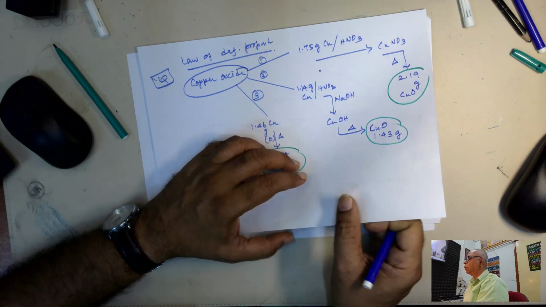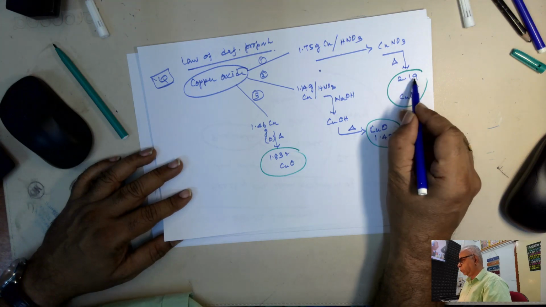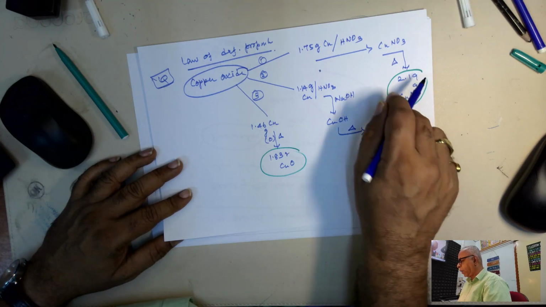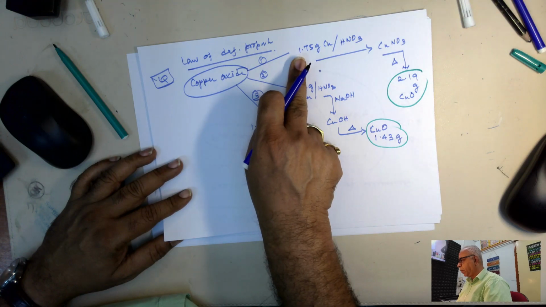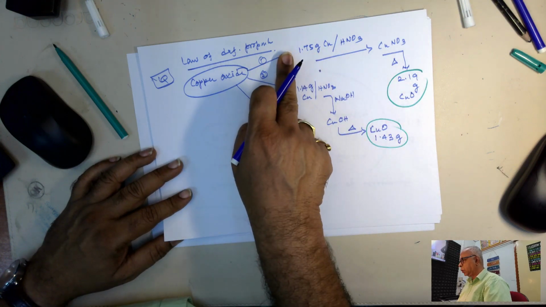2.1 gram of copper was obtained. Is it not? Here, 2.19 gram of copper oxide obtained from where? From 1.79. So let us consider this as a percentage.